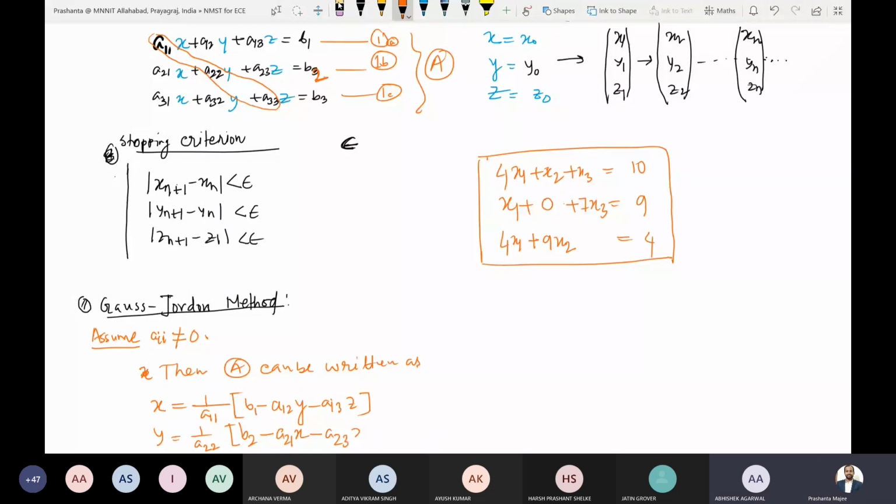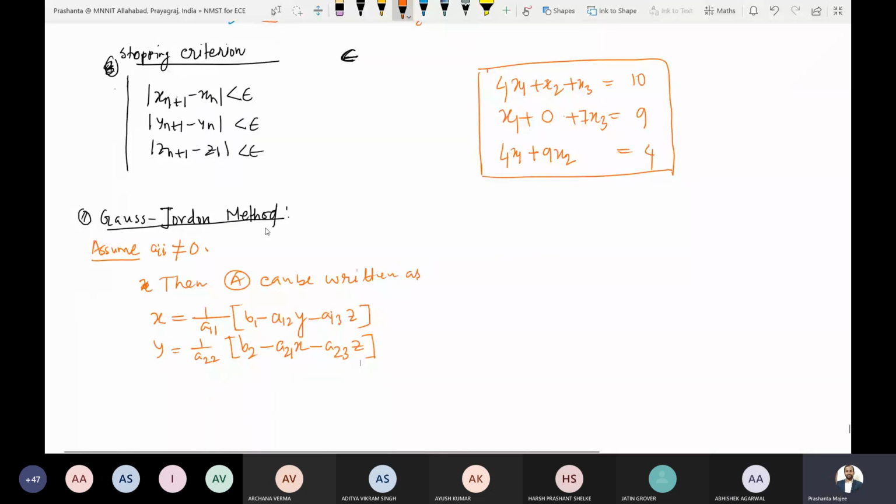And solve for z from the third equation: z equals 1 by A33 into B3 minus A31 x minus A32 y. Okay, so these will be the values of x, y, z.